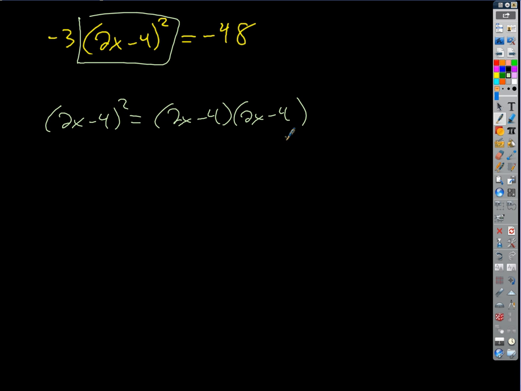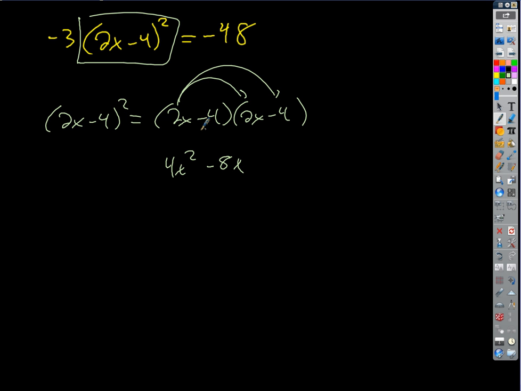If I were to multiply this out, if I distribute the 2x, I'm going to get 2x times 2x, which is 4x squared. Oh, you're going to have a bunch of squared stuff. Distribute the 2x to the negative 4, and I get negative 8x.